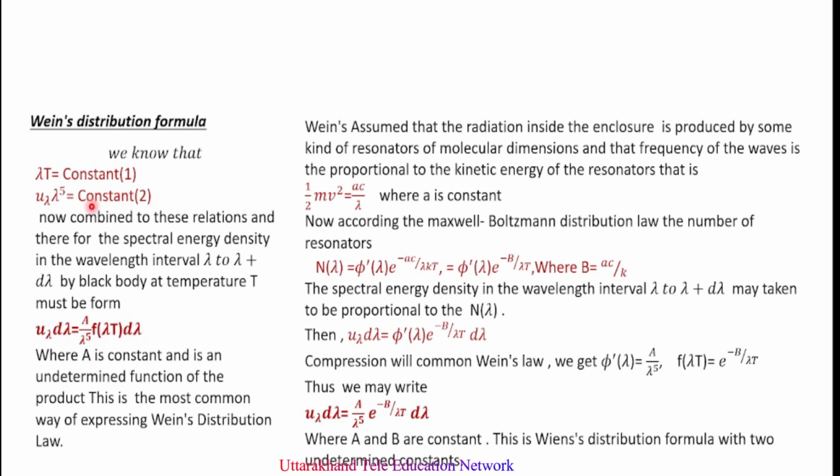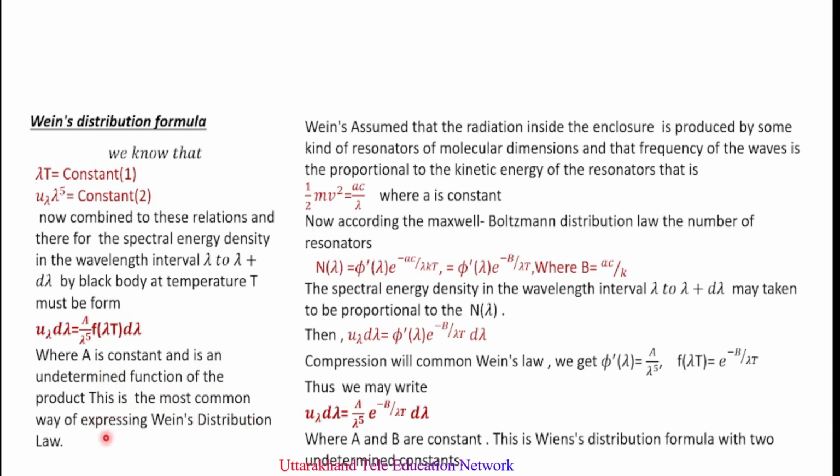Now this has a constant, but lambda T is also a constant, so we put a function of lambda T, which is the indicator of the constant, into d lambda. Here capital A is a constant and the function is an undetermined function of the product.